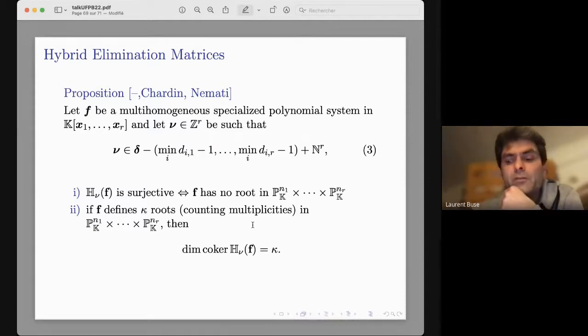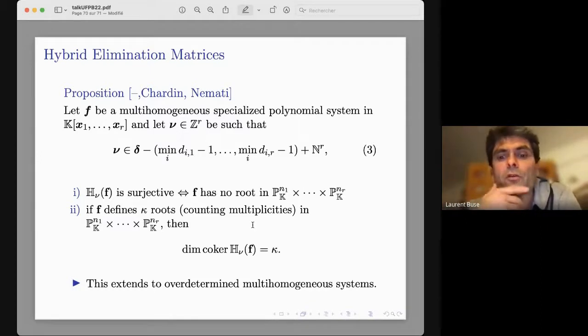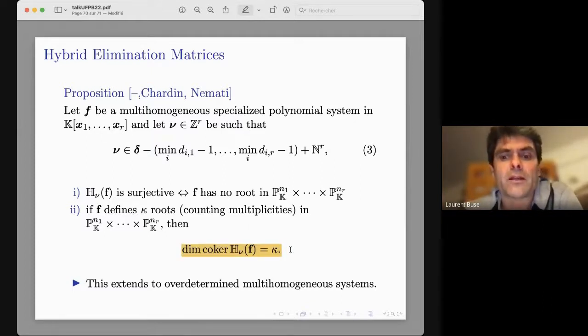So the properties of these matrices extend. Moreover, I will not discuss that, but you can also go to overdetermined multi-homogeneous systems, so you can have more equations than the number of variables. You cannot prove the duality results, of course, but you can prove that this kind of construction gives you the property that the dimension of the co-kernel is the number of roots.